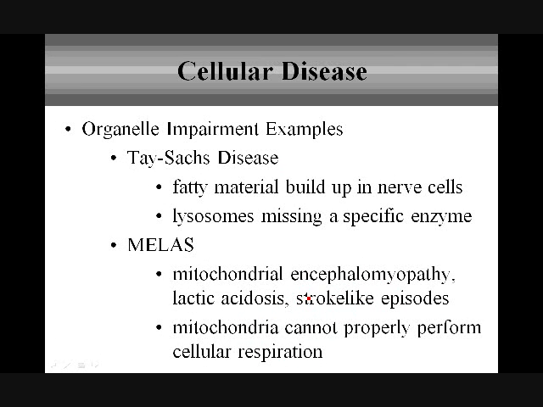So some of our specific organelle impairments, identifying particular organelles within the cell that cause disease. Tay-Sachs disease, which I know you guys have heard me talk about before, is a specific cellular disease, and the particular organelle that is malfunctioning in this case is the lysosomes. And we should all know that lysosomes contain digestive enzymes, right?